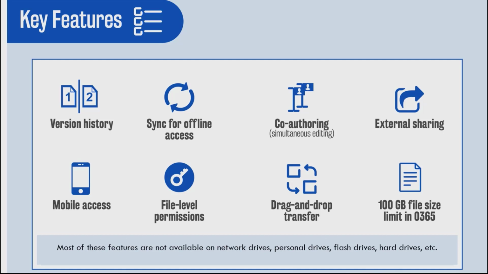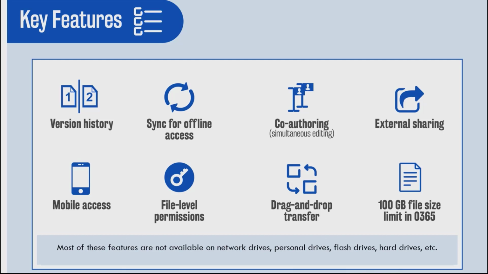So as I mentioned earlier, you have a lot of versioning history, and I'll show you that for your files. Your files are automatically synced for offline access from any device. You can co-author, or as I like to say, simultaneously edit files, and we'll show you that in a moment, as well as externally sharing. And if you have a mobile device, all these applications can be installed for free on your mobile device, and you can use them to access your documents as well.